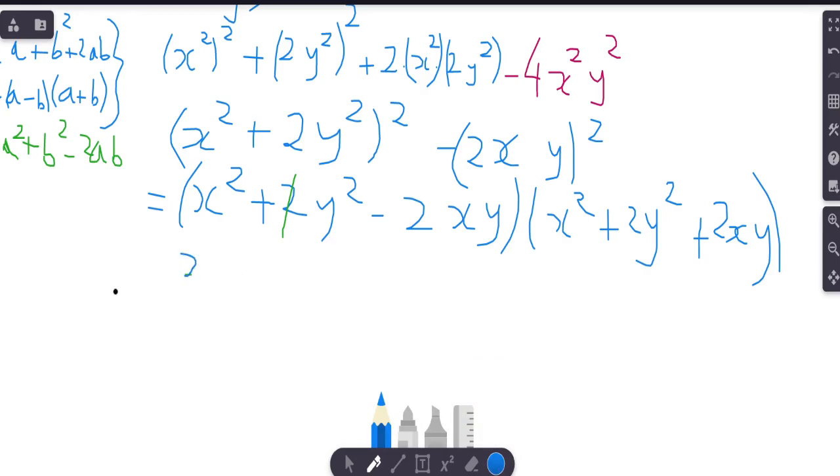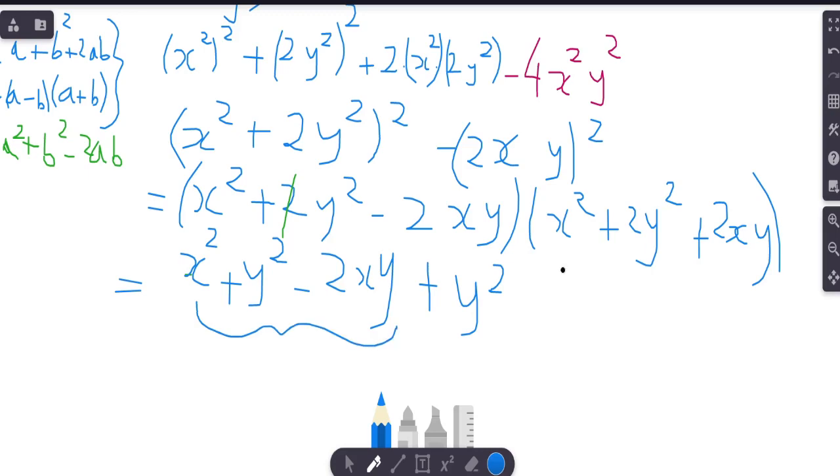so we have x squared plus y squared minus 2xy and plus y squared here, because this is 2y squared, so I've distributed the y squared here. So I have my common identity here, and here I can do the same.